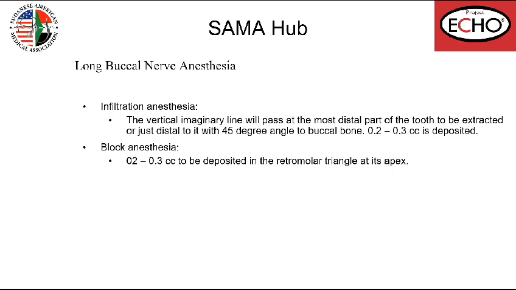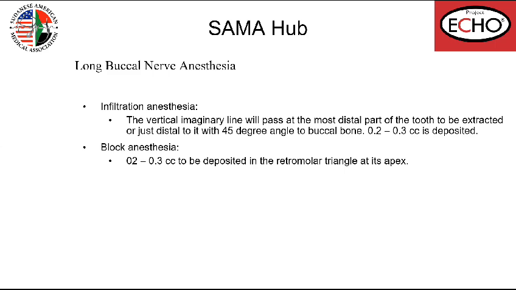And also there is the lingual nerve and there is the long buccal nerve. The long buccal nerve is responsible for the buccal tissues for the teeth before the mental nerve. So it's responsible for the molars and sometimes for the first premolar.